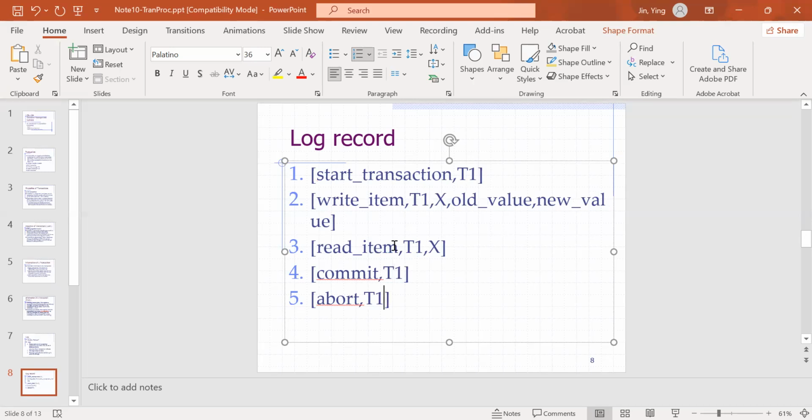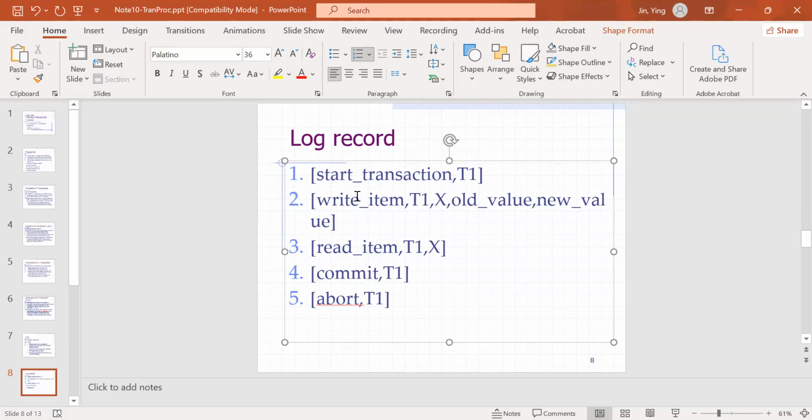So we can read item, and we read X. We also can have write item, and these can repeat. It can be X, can be Y, can be any database item. In a transaction, we can have many read and write operations.